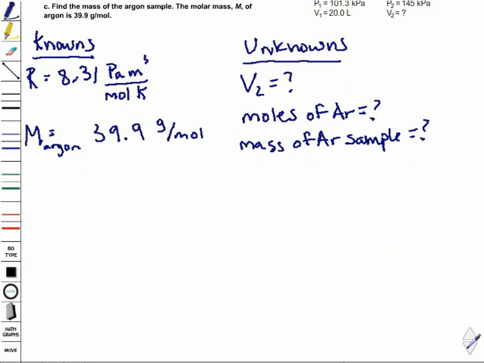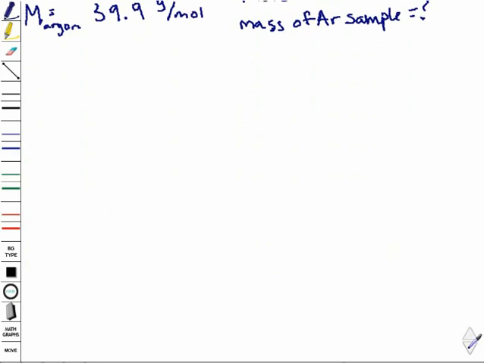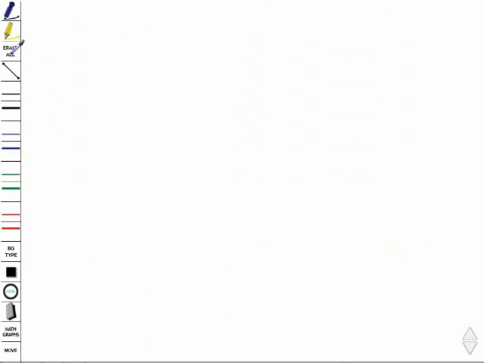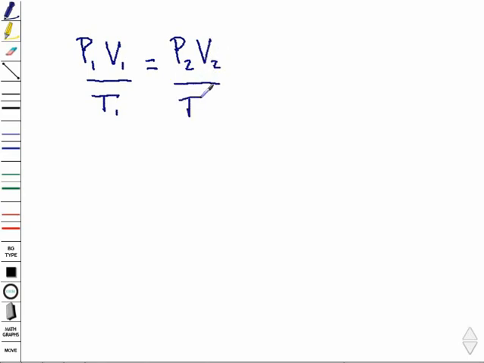In order to solve for the first portion of this question, we need to use the combined gas law. The combined gas law is that the pressure in the first container times the volume of the first container divided by the temperature of the first container is equal to the pressure of the second container times the volume of the second container over the temperature of the second container.